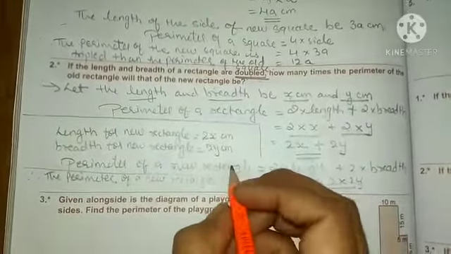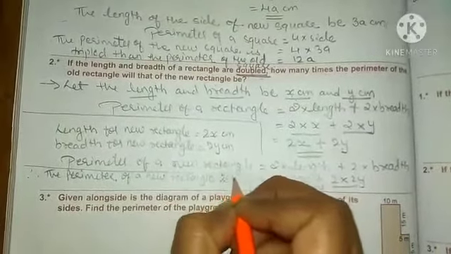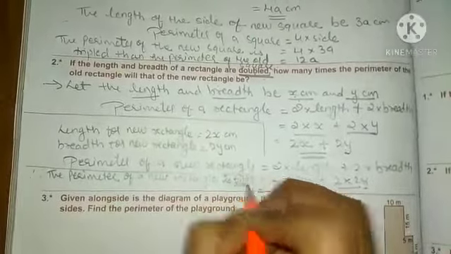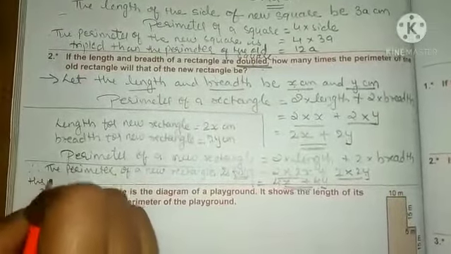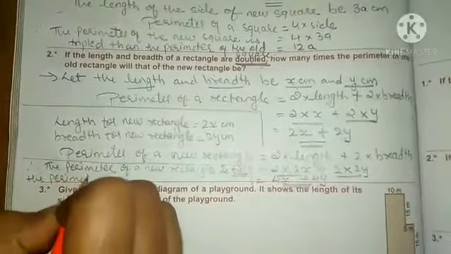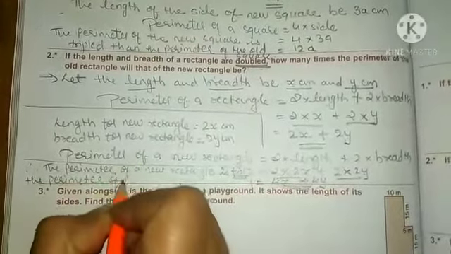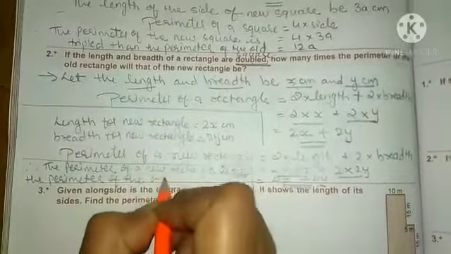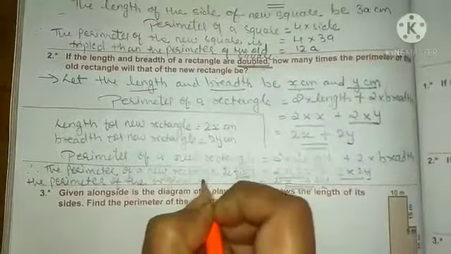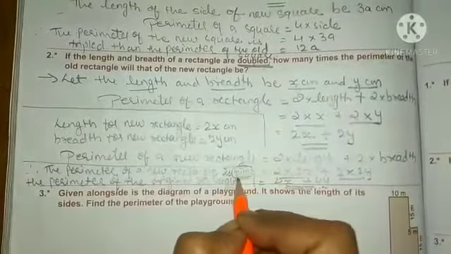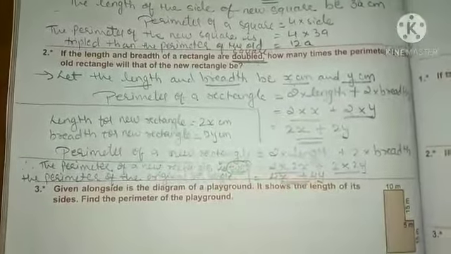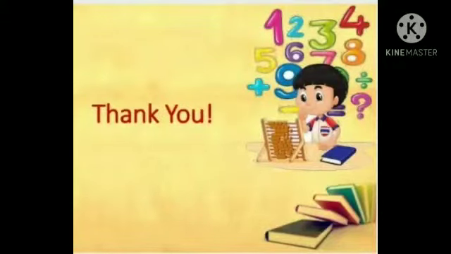That is twice. Clear? Twice the perimeter of the original rectangle. Clear everyone? So it is twice. Understood? Thank you.